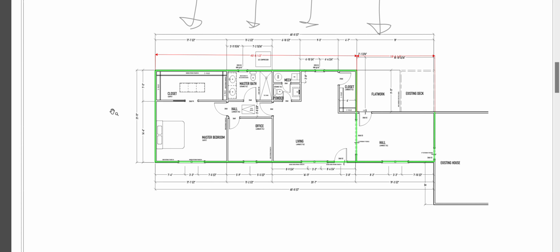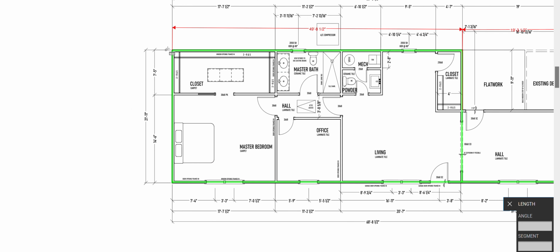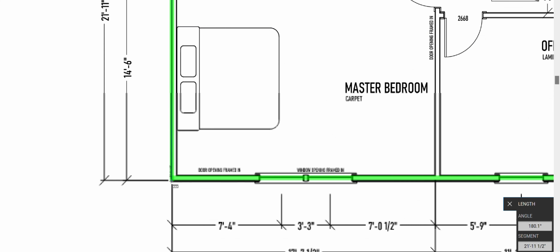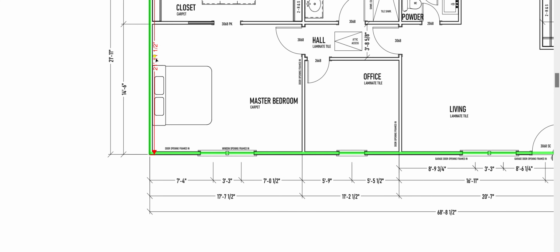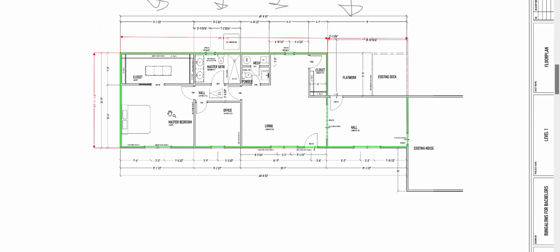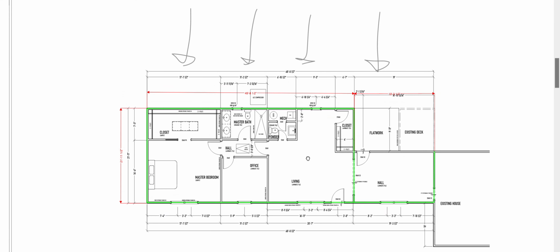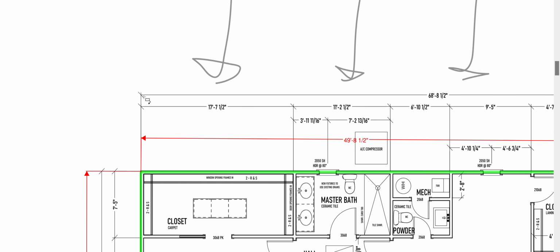So what I'm going to do is also add my dimension from here. Well, I've already got it because it's on the plan, but I'm going to make it red so it can be seen. Okay. 21 feet, 11.5. I was close enough. All right. So I've got that dimension, and I also want a label. You can do this however you like, but I'm going to get in line with here.